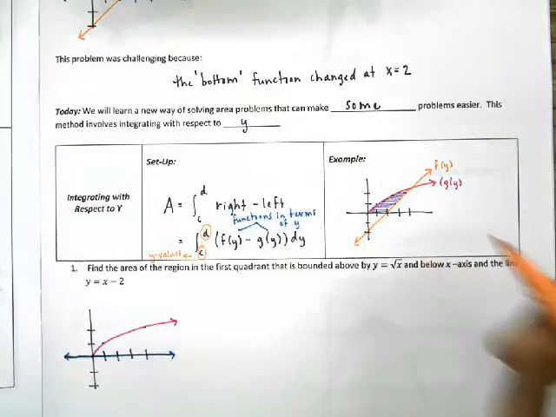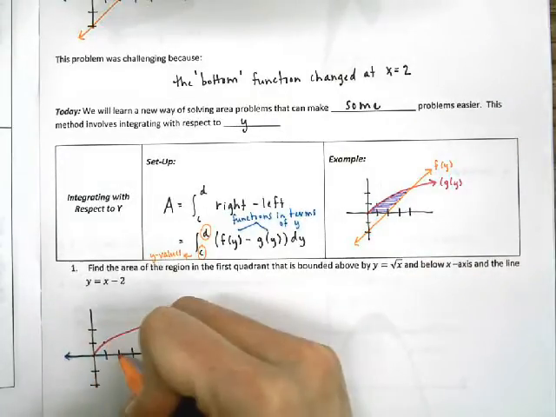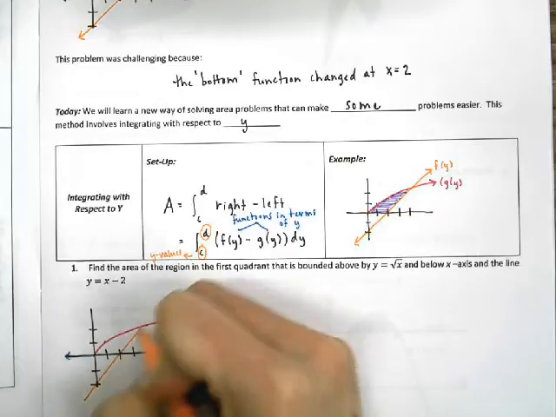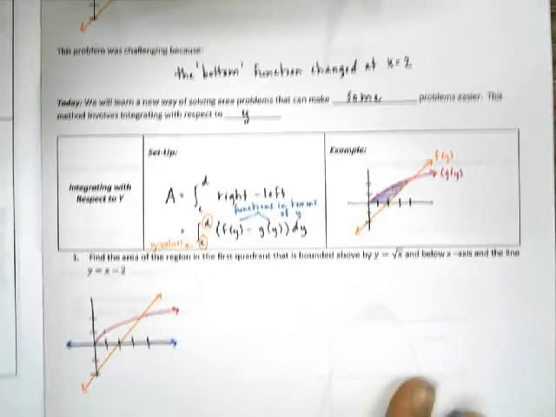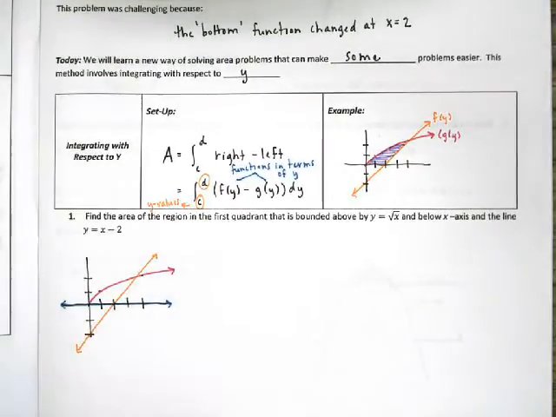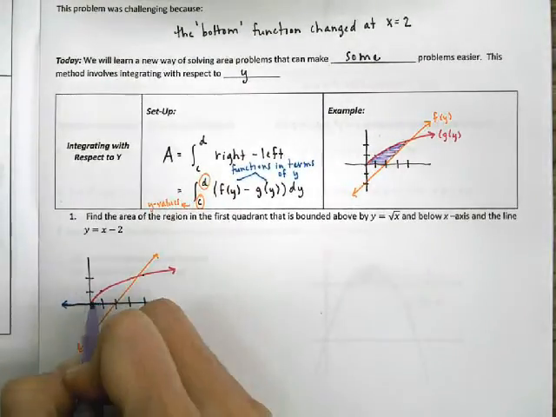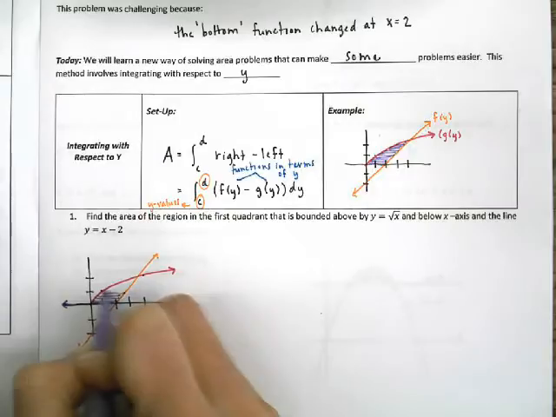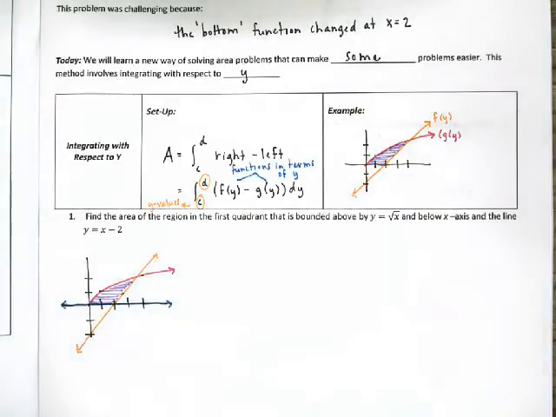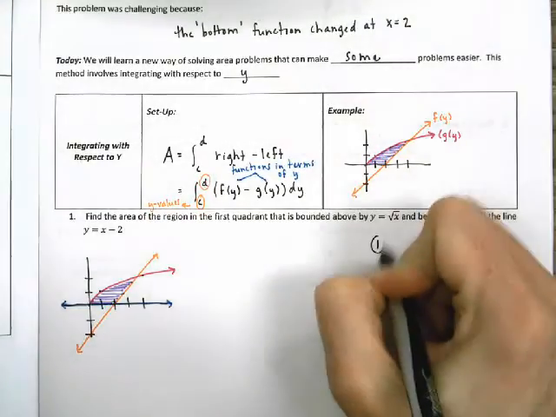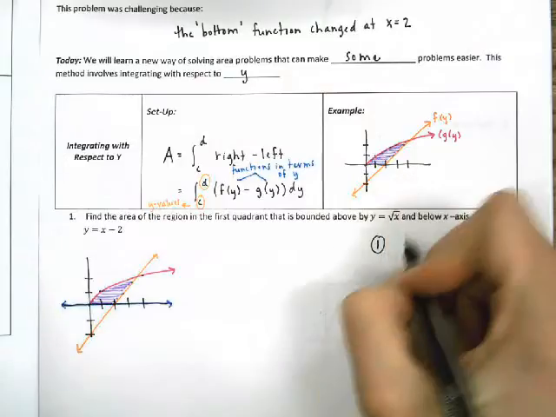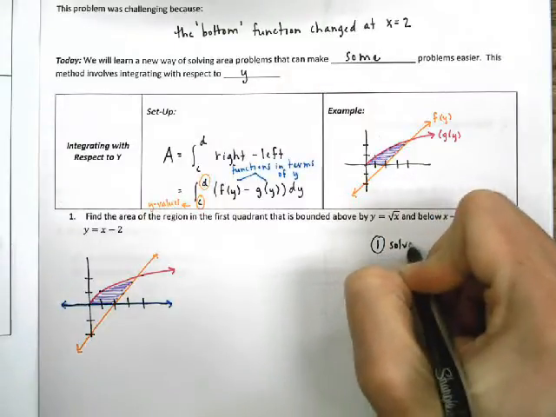And then we had the line y equals x minus 2. Okay, so now we're going to integrate with respect to y. Again, that means we'll only need one integral because our right and left boundaries don't ever change. So the first thing we're going to do, I'm going to make some notes about the steps here. First thing we need to do is solve both functions for x.